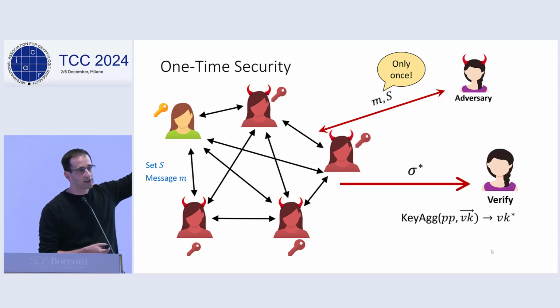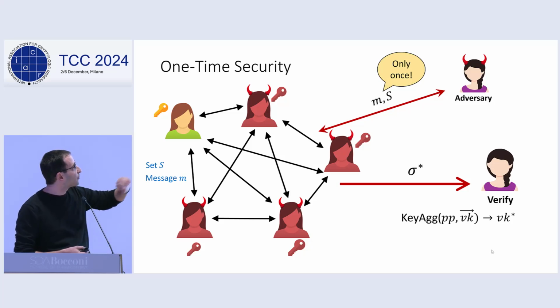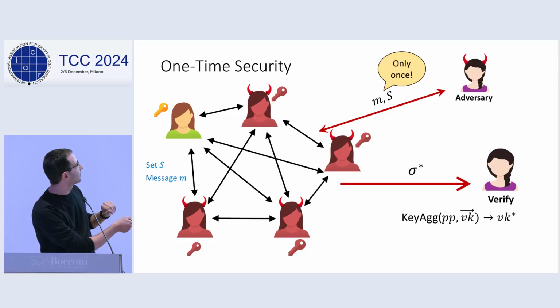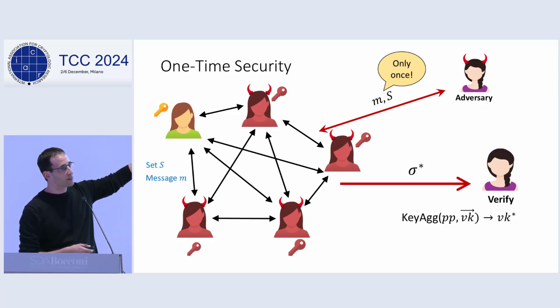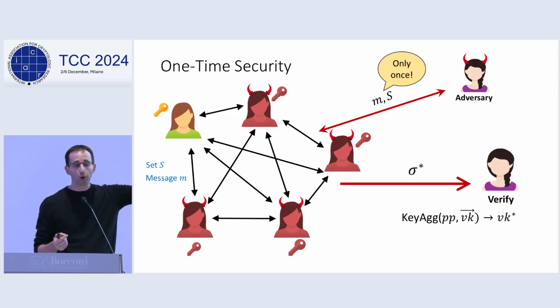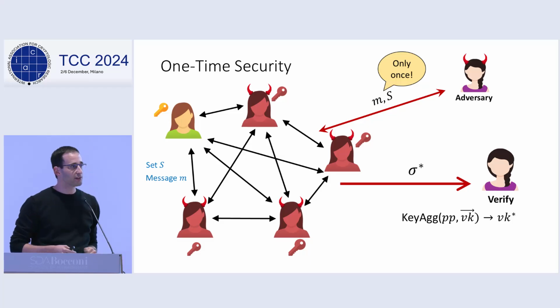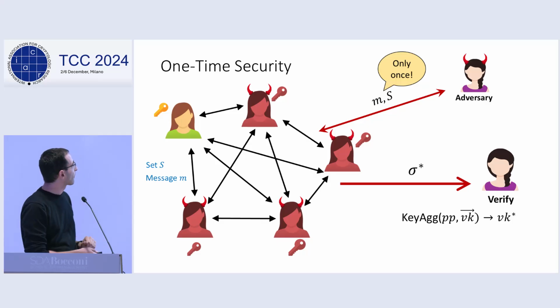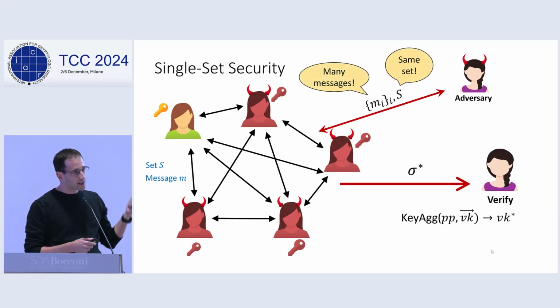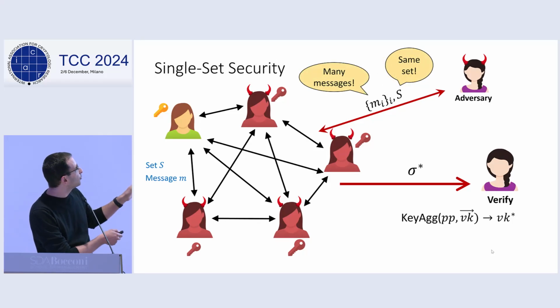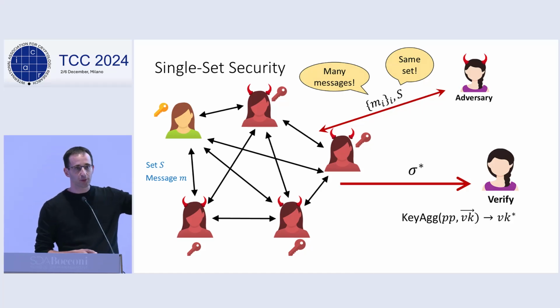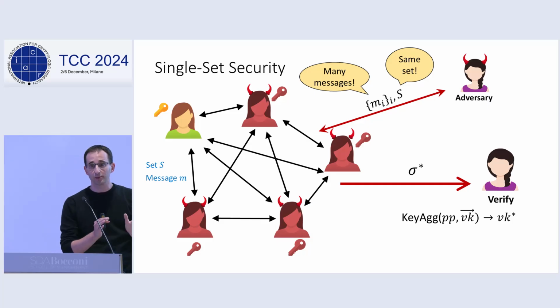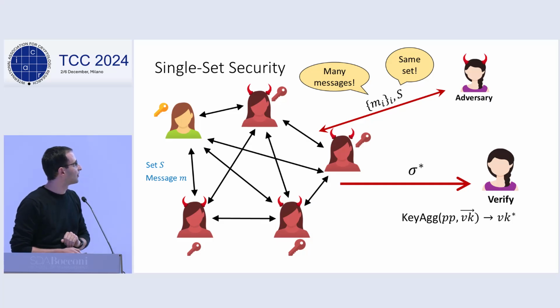It's the same setting of multisigs, except now the adversary has only one message M and one set S. So the adversary can ask only once to see a signature. What is the single set security? It's the same, so we have a single set S, but now many different messages M_i under the same set.